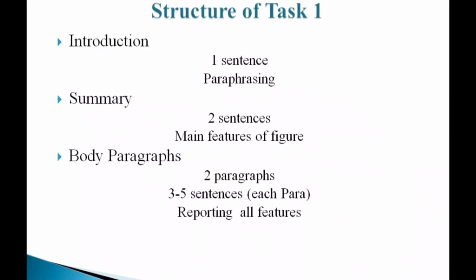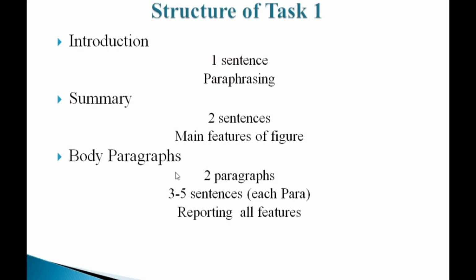Like if there is a 7 stage process of manufacturing of bricks, you will mention in your summary that this is a 7 stage process. Similarly, in a map, you will mention what developments have been made throughout the years, those big changes. So this will be your summary. We will discuss in detail when we discuss each question type separately.